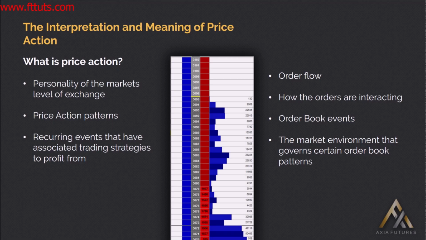And really a similar type of concept and the same interpretation is what you call order book events. An order book event is when the order book has really thinned out prior to a key data point.